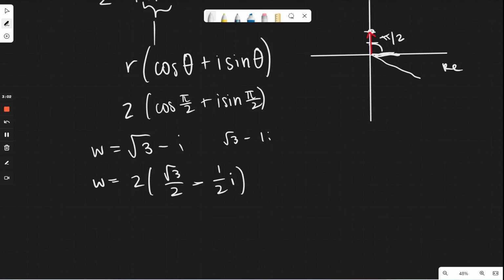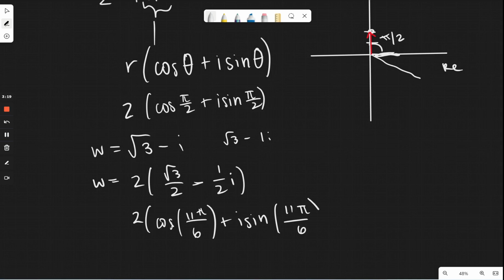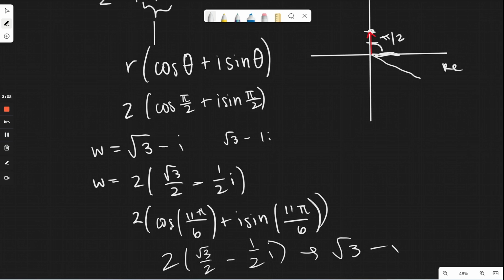So we say 2 times cosine 11 pi over 6 plus i sine 11 pi over 6. Remember, this is just 2 times square root 3 over 2 minus 1/2 i, which gives us square root 3 minus i.